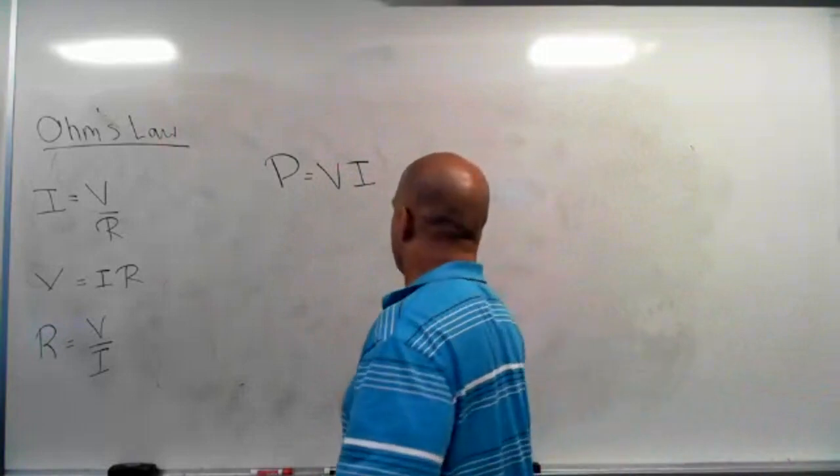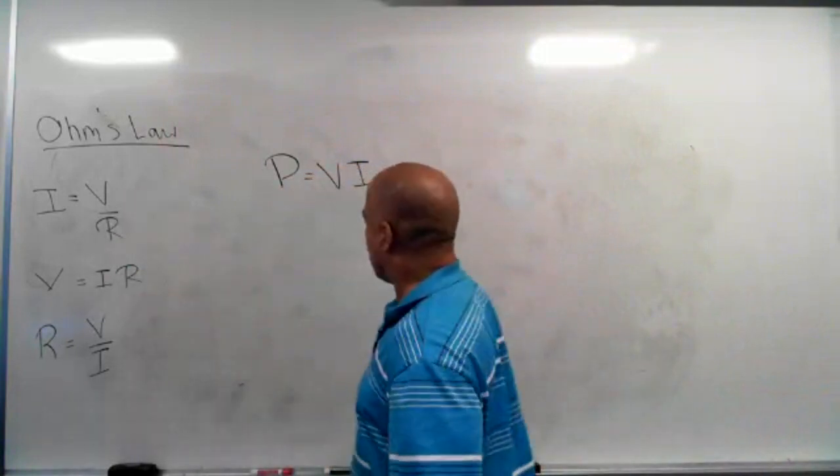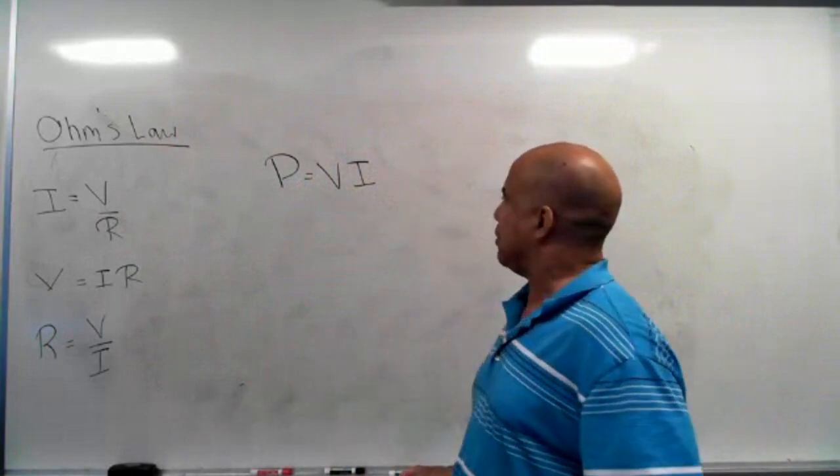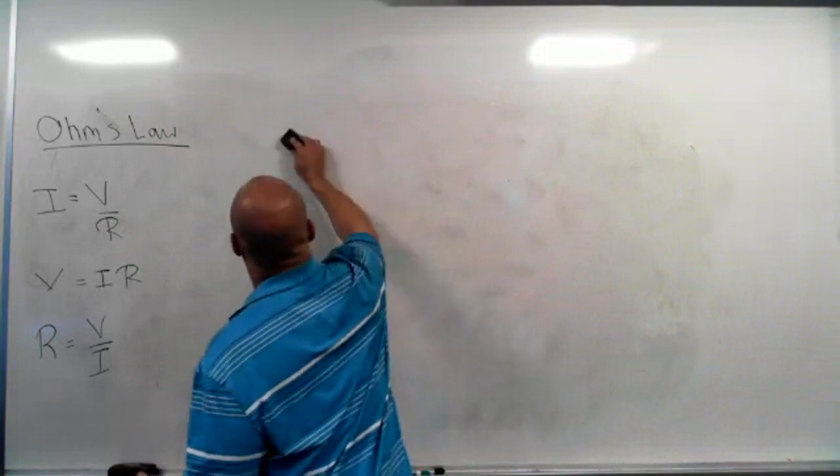And then we used Watt's law, and we did some substitutions with Ohm's law, and we were able to get different ways of writing Watt's law, which turned out to be pretty convenient.